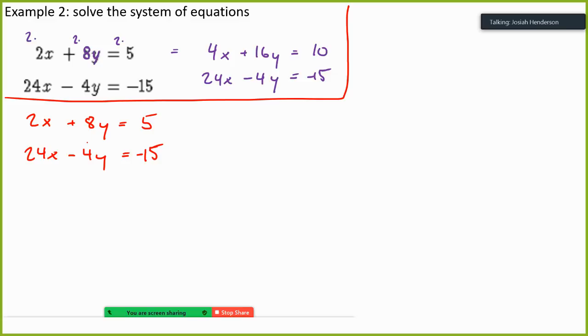Why would I want to do that? Because we'll get a 24 times 2, that gets even bigger. That turns into 48x. Doesn't match. But look at the y's. Our 4y, or really it's negative 4y, that'll turn into negative 8y. And then we've got a match of numbers, 8 and 8.